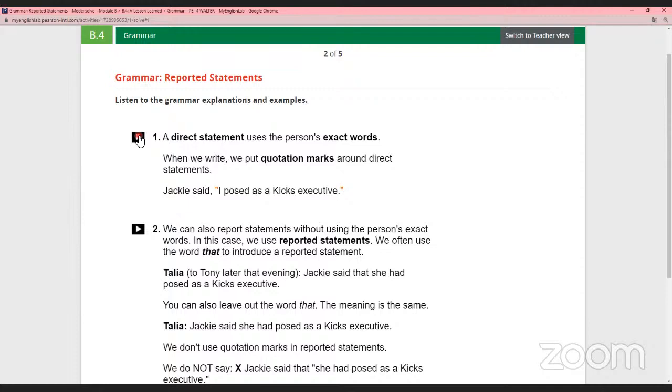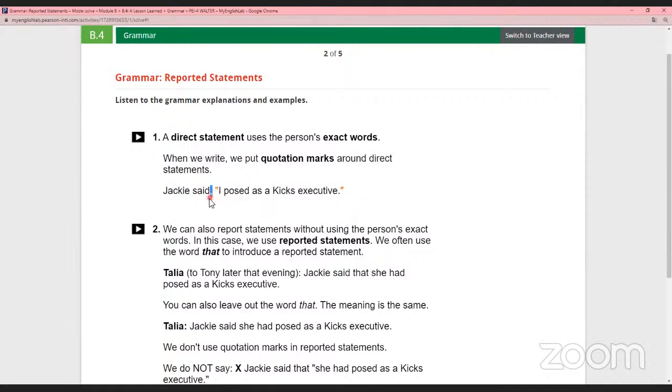Okay, let's continue. As you can see in this point, we're trying to report in a direct statement. What does it mean? We use the person's exact words. We don't change anything, okay? I can say that this only applies in writing, right? In some books, when you cite an author's words, we actually use this structure, right?